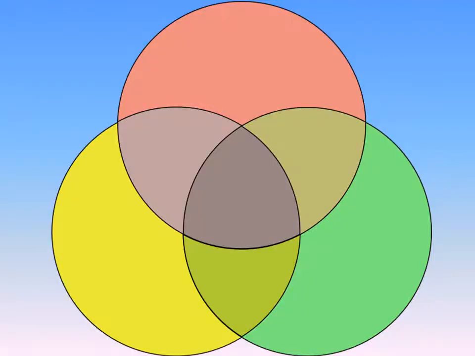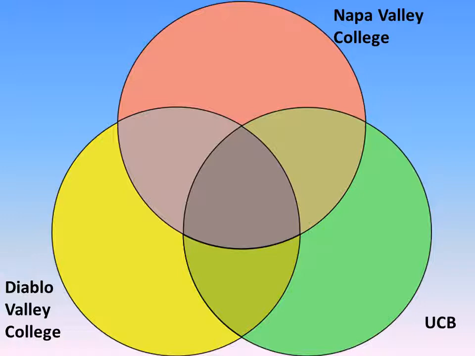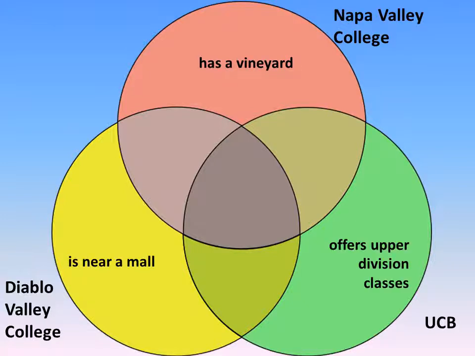Now let's use a Venn diagram to compare and contrast 3 different schools. We have Diablo Valley College, UC Berkeley, and Napa Valley College. Diablo Valley College is near a mall. The other 2 schools are not. Napa Valley College has a vineyard. The other 2 schools do not.